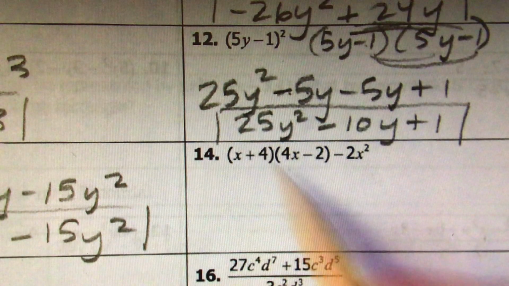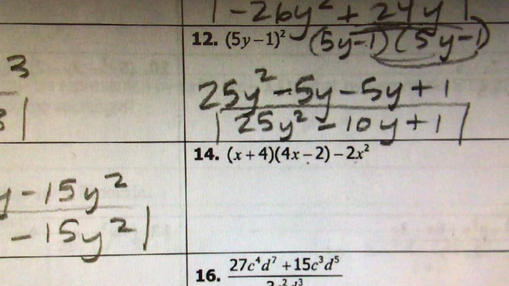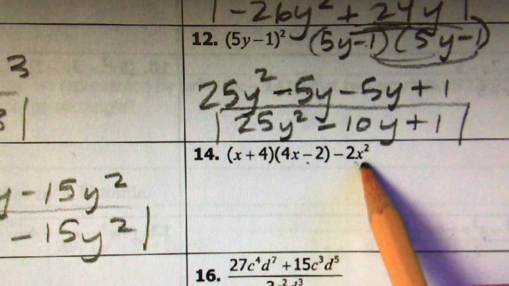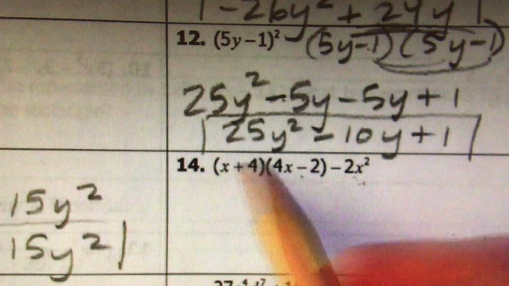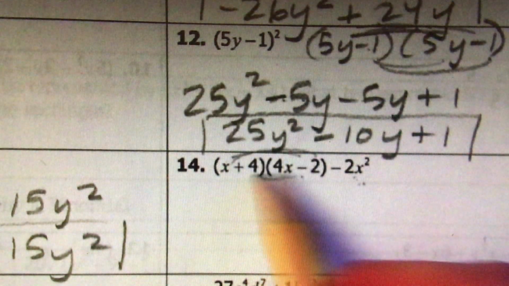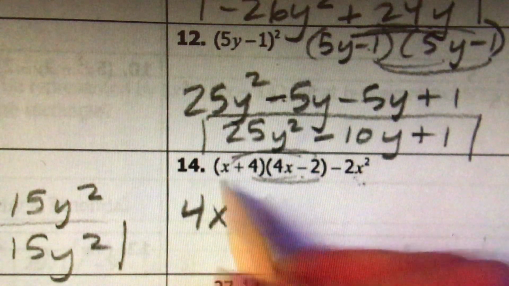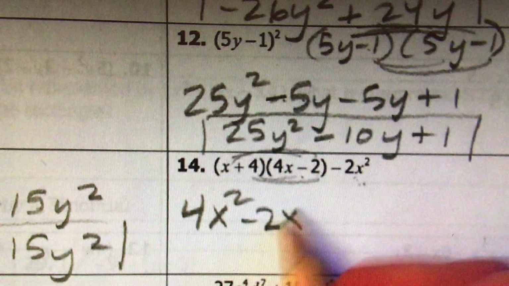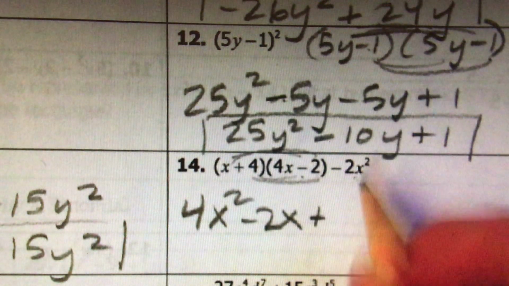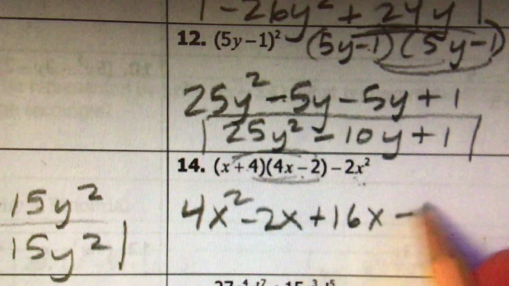14. Okay, so it looks like I'm going to FOIL, and then I'm going to look for a like term. I'm hoping after I FOIL that I get an x squared, but we'll see if I do. So once I FOIL, I can go, let's see, 4x squared minus 2x plus 16x minus 8.